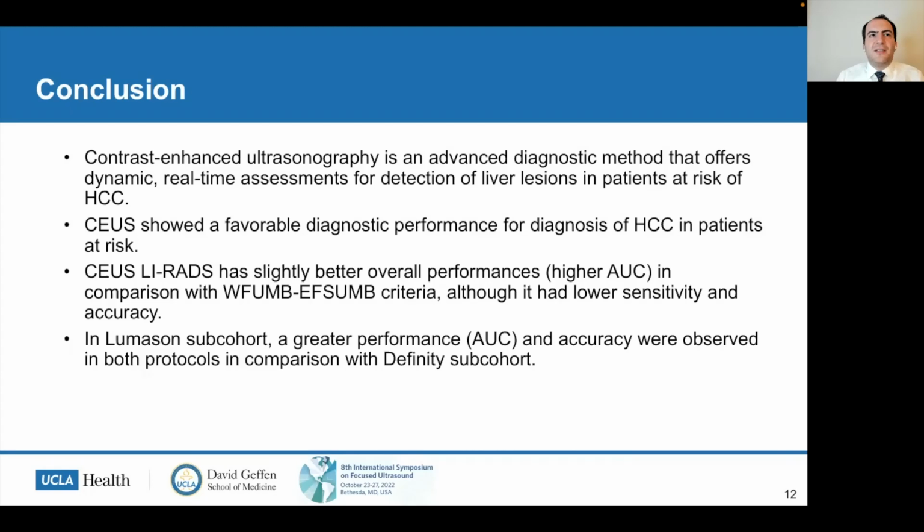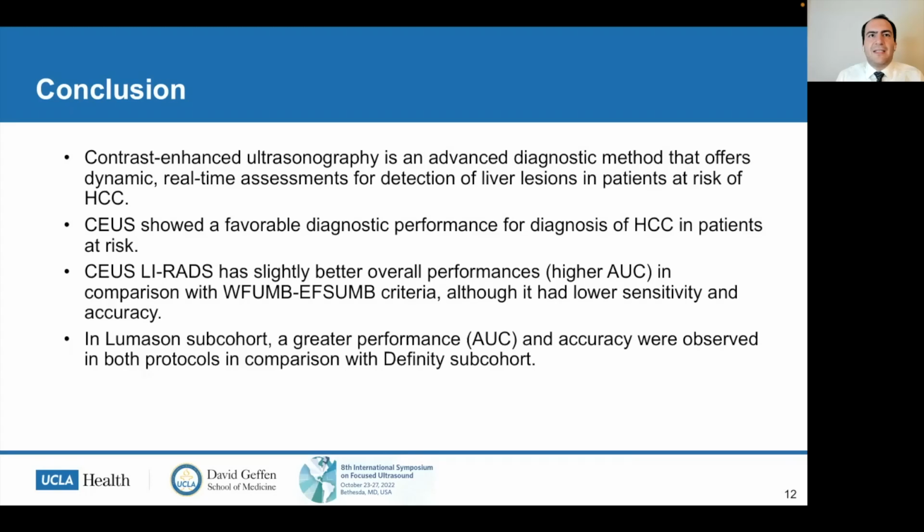In conclusion, contrast-enhanced ultrasonography is an advanced diagnostic method that offers dynamic real-time assessment for detection of liver lesions in patients at risk of HCC. CEUS showed a favorable diagnostic performance for diagnosis of HCC in patients at risk.